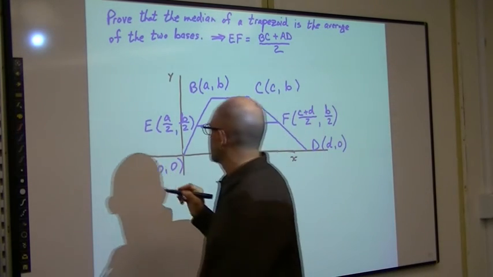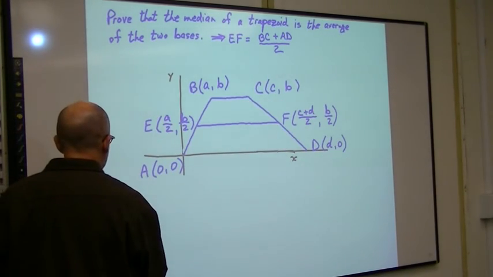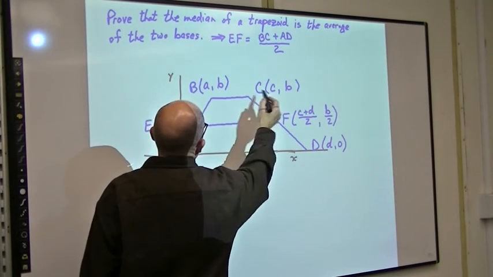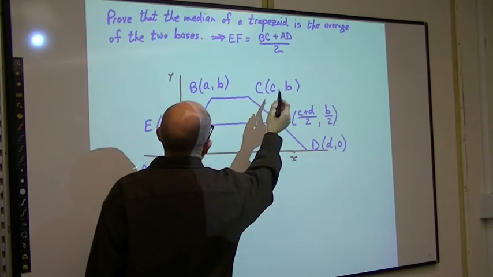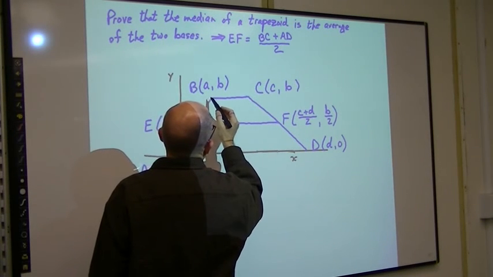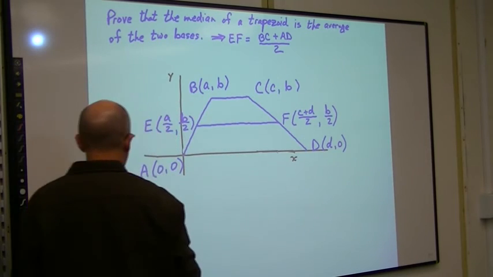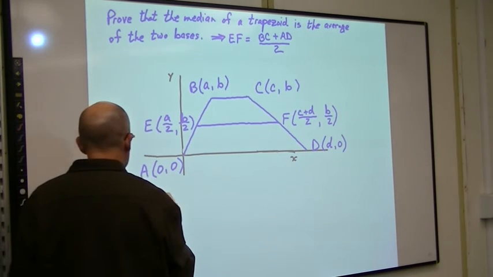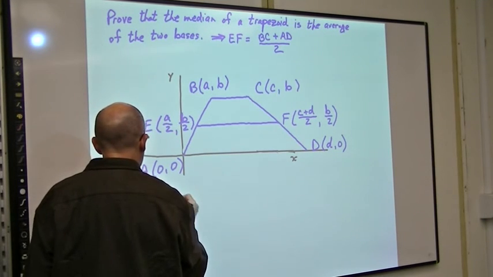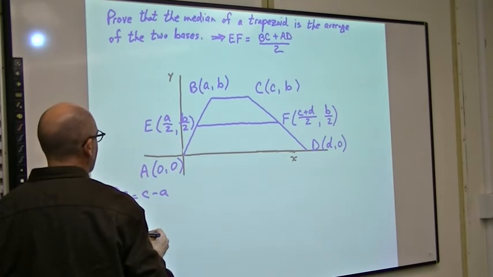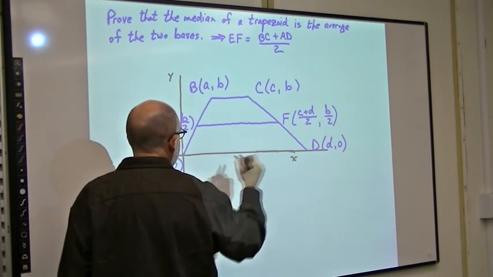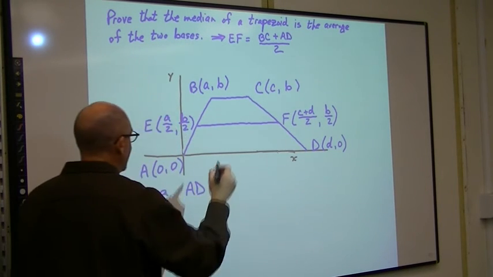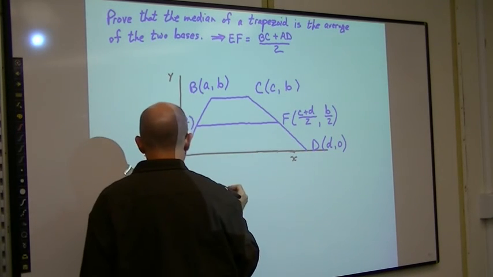So BC, the distance from B to C, is going to be just C minus A. So you could go the square root of C minus A squared, but it's just going to be C minus A. And AD is going to be D minus 0.